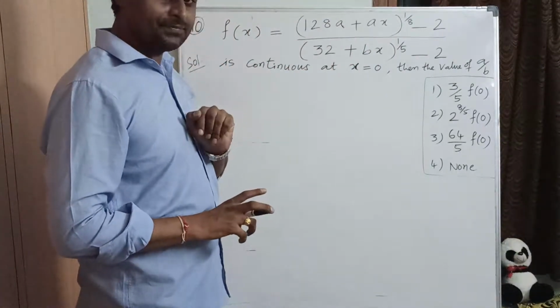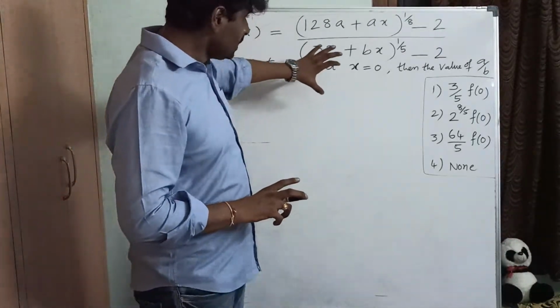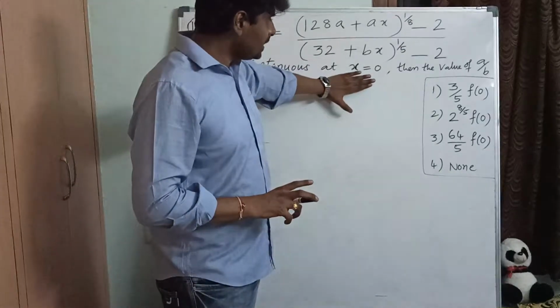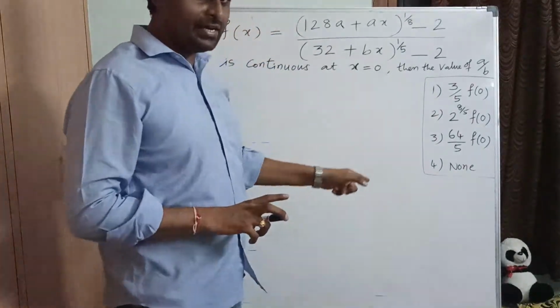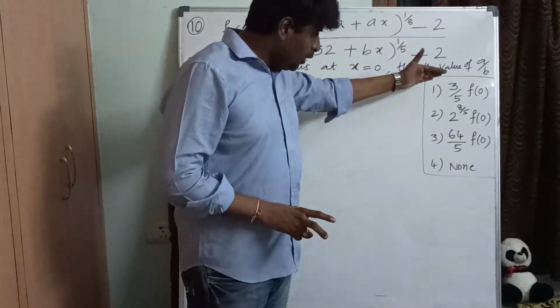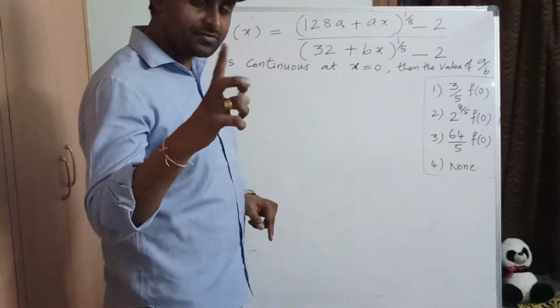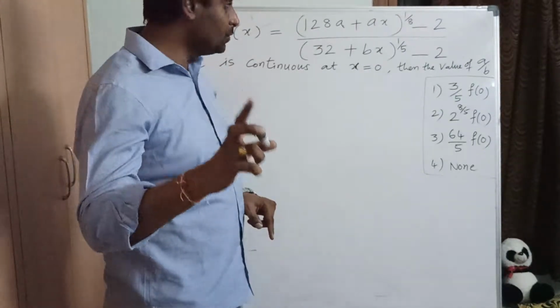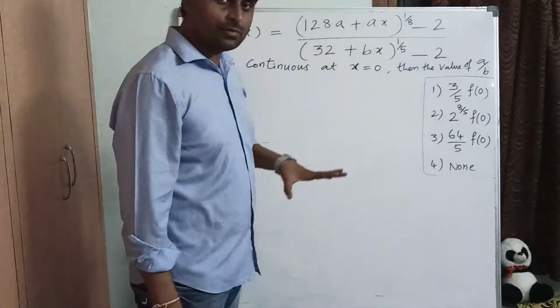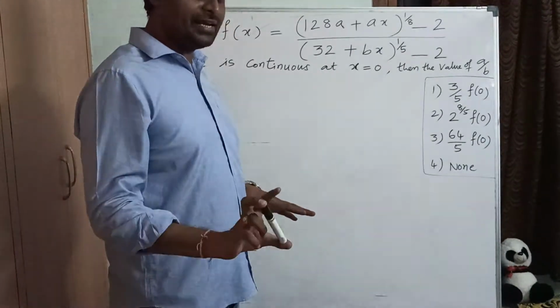And one more thing, sometimes identifying the answer is very easy just by verifying the options. If you observe these options, everywhere they were given in terms of f of 0, the function value at x equal to 0. Obviously the function value is equal to the limiting value.